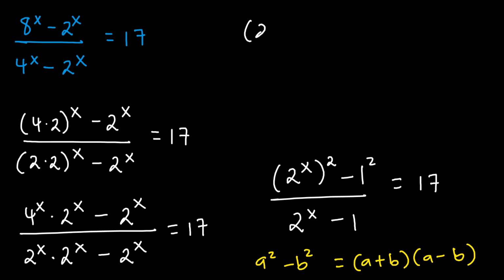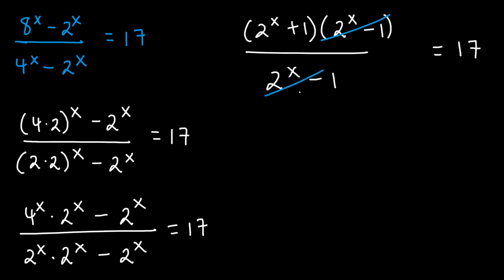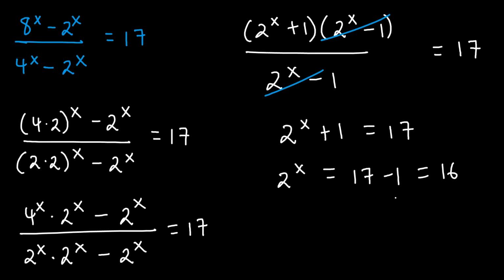This will give us (2^x + 1) times (2^x − 1) divided by (2^x − 1), and this is equal to 17. Now this can cancel with that, and so we shall remain with 2^x + 1 equaling 17. And if we take 1 to the right-hand side, we shall have 2^x equaling 17 − 1, which is equal to 16.